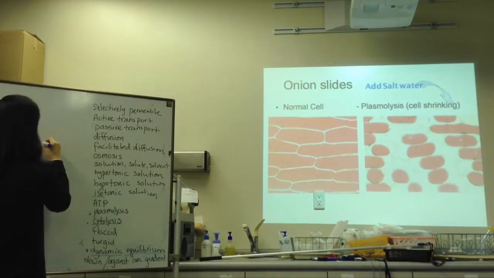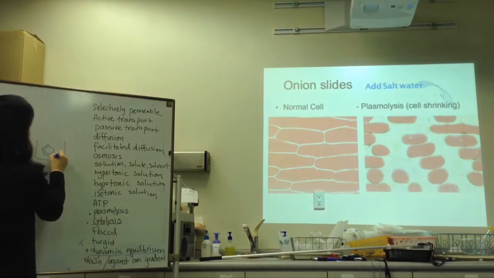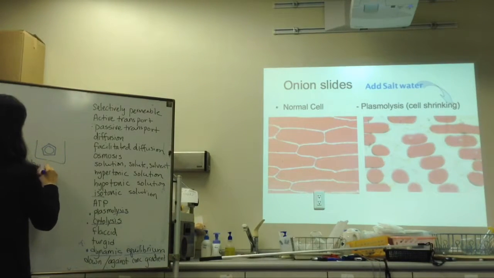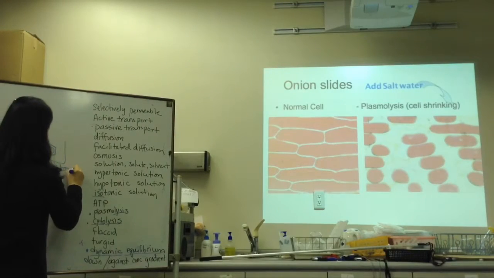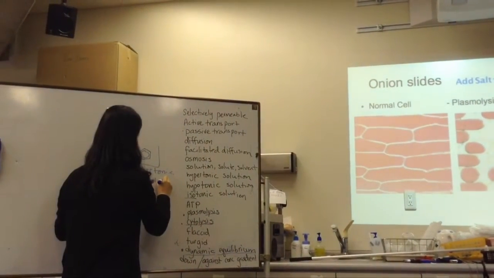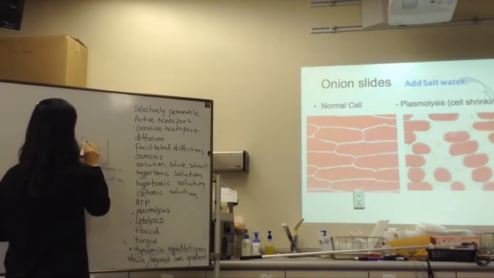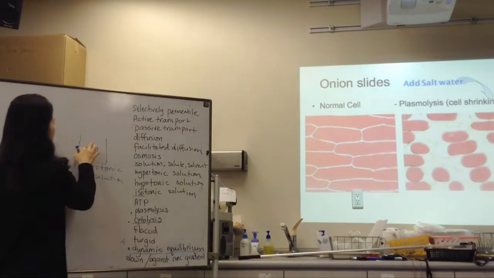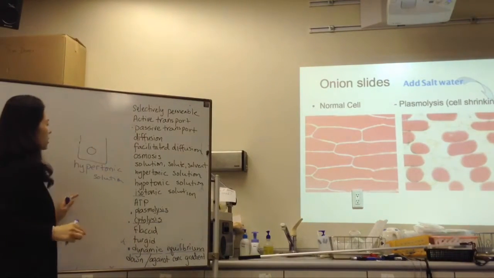One more. So here's a plant cell in hypertonic solution. If this was an animal cell, again, what happens to the cell?